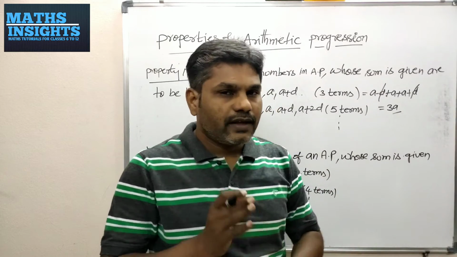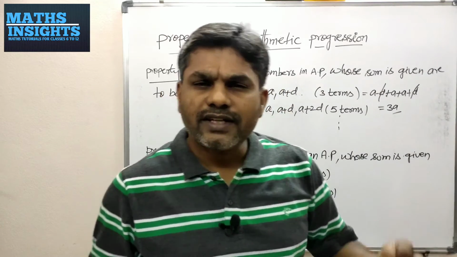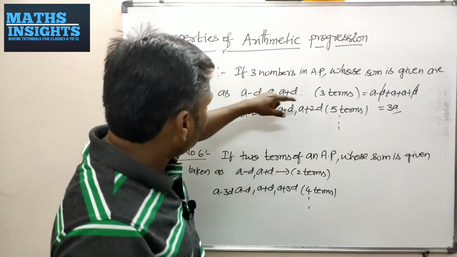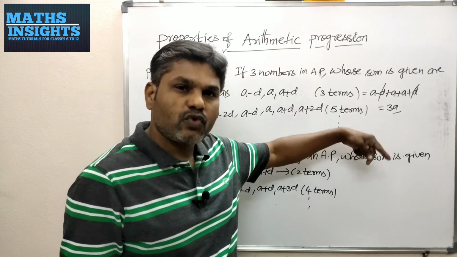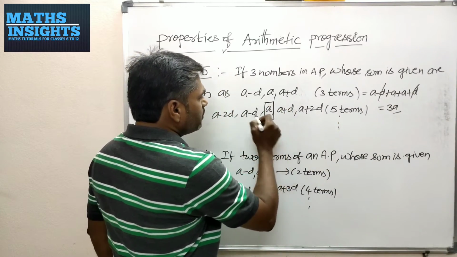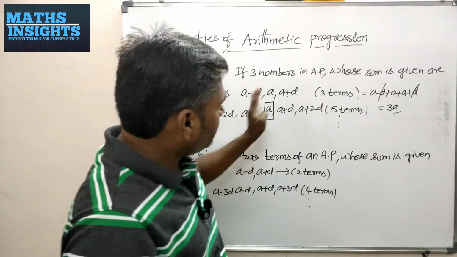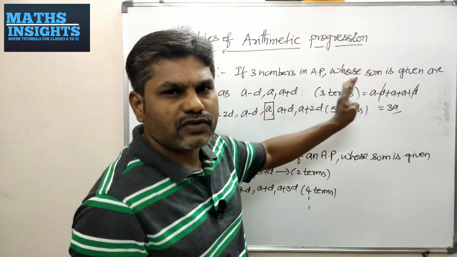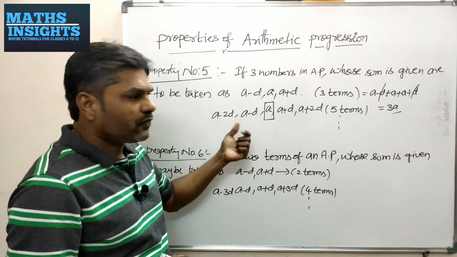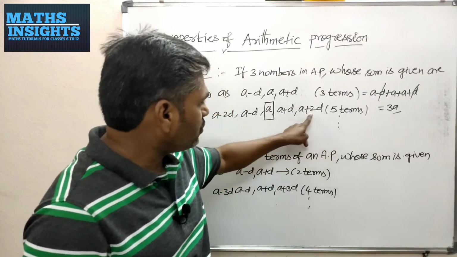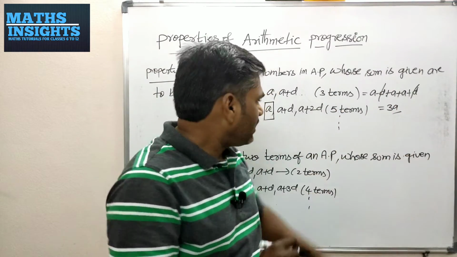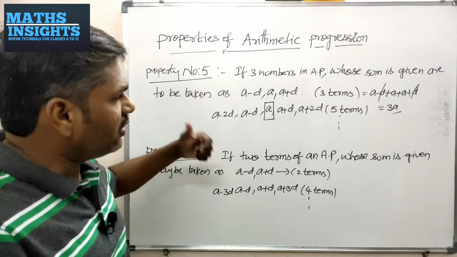After finding a and d, you can easily find the 3 terms or 5 terms, whatever the number of terms may be. Here, if you want to assume 5 terms whose sum is given, it's very simple. First assume the middle term as a, then its next terms a plus d, a plus 2d, and its previous terms a minus d, a minus 2d. If you want 7 terms, you have to add a plus 3d on the right side and a minus 3d on the left side.